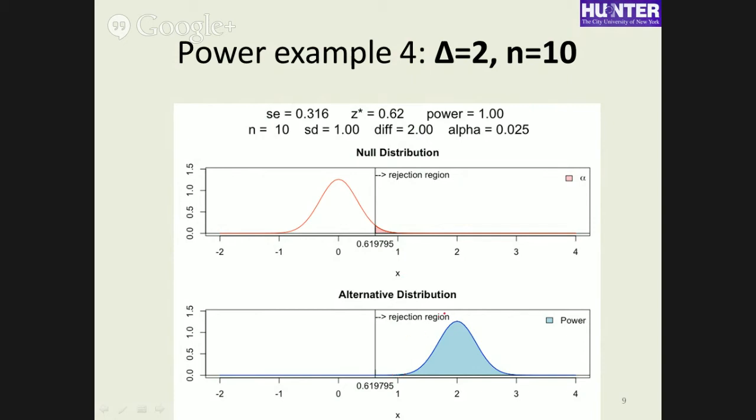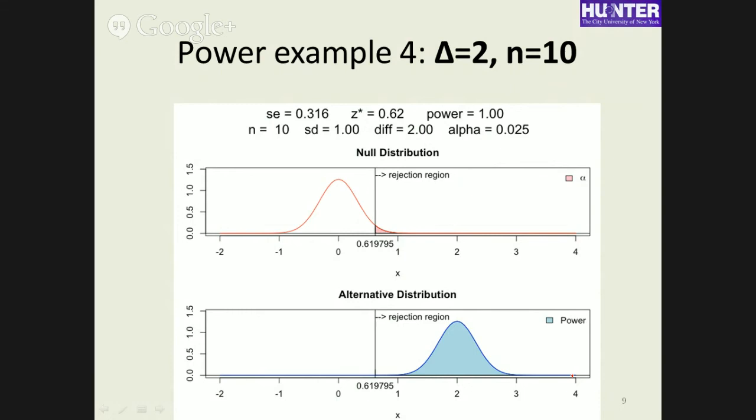And if our hypothesized alternative distribution is true, this is the sampling distribution. So we're doing this calculation prior to collecting the sample. So you set the power first, and then you use the power to calculate the sample size needed.